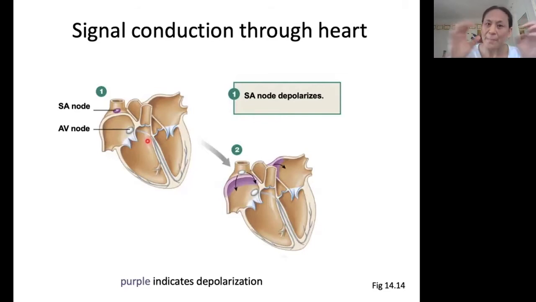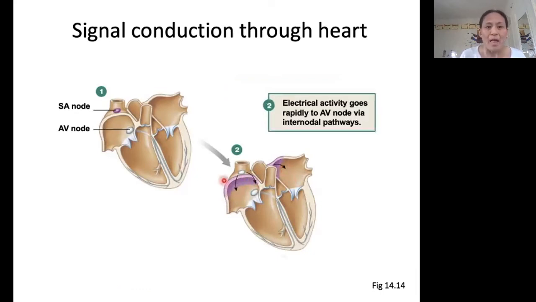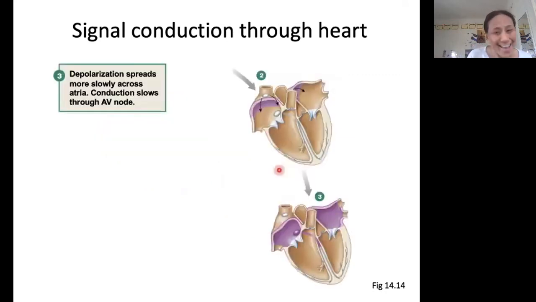So we're going to end up depolarizing all of those as well. Okay, so that's what's happening here. We're depolarizing the right atrium and also the left atrium. Right, okay, that's what's shown here. And then we're going to reach the AV node here, okay?